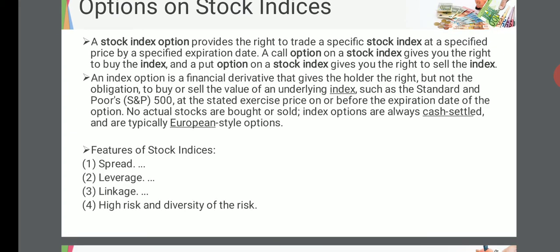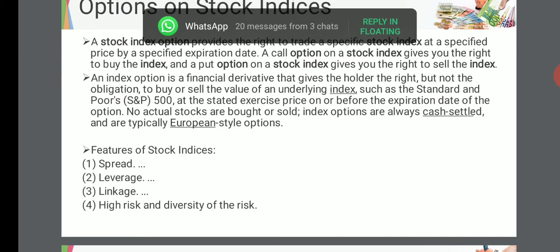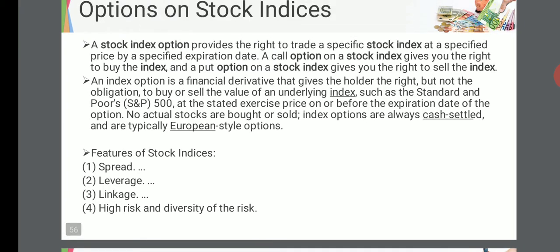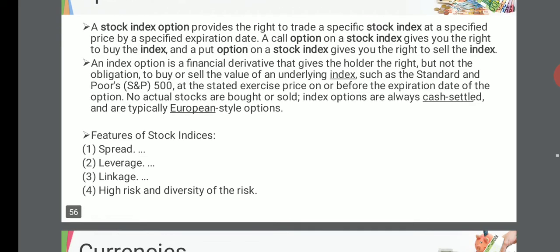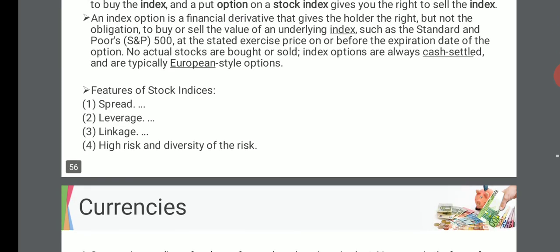Leverage is related to risk, so definitely it has leverage, because it is equity related. Linkage: it will always have linkage to the stocks. High risk and diversity of risk: there will be high risk and varied diversity of risk, because it will vary according to the price of the stock indices.